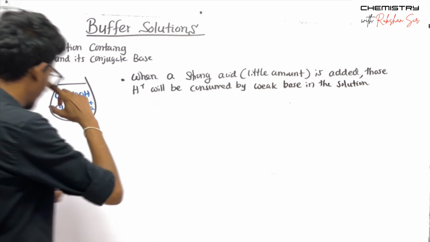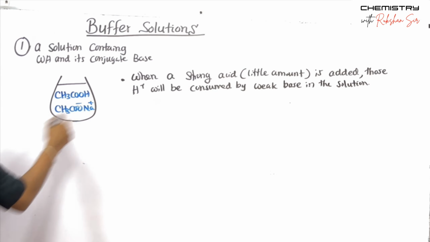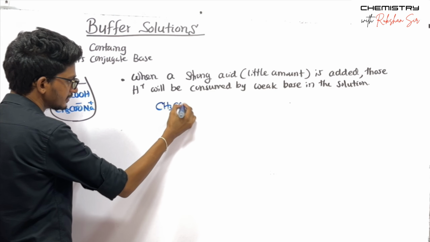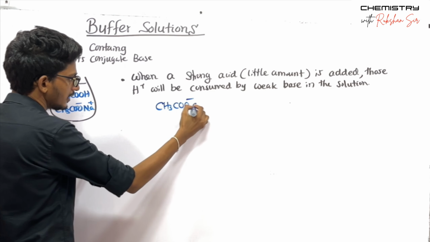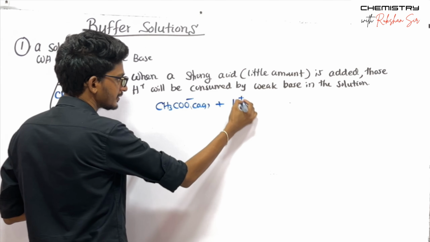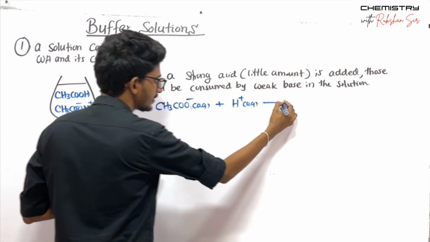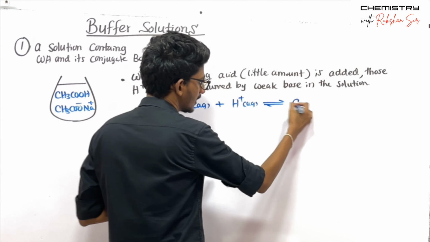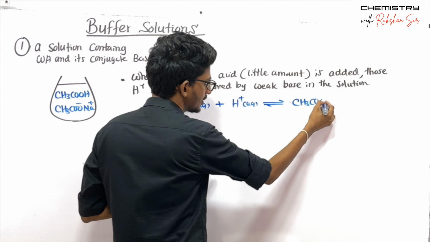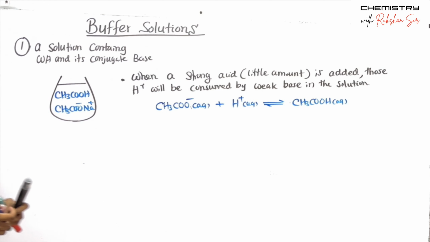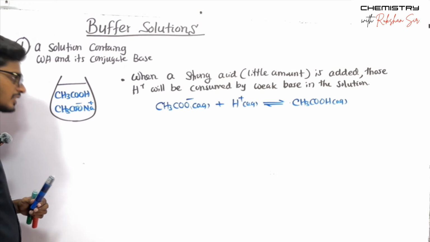So what is that? That is this CH3COO minus. CH3COO minus is a weak base in the solution that will consume H plus added by a strong acid and convert it to CH3COOH. You have to mention the reaction as well.